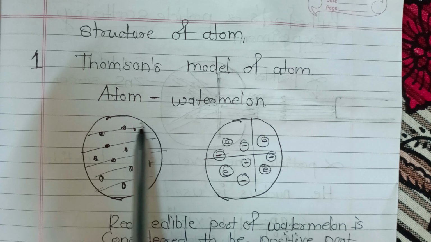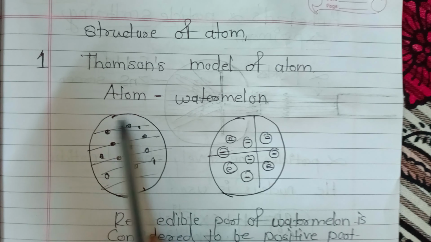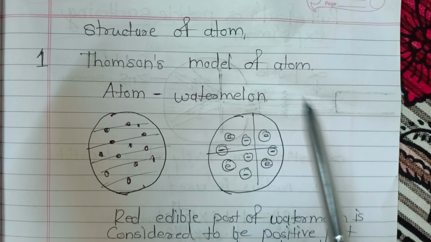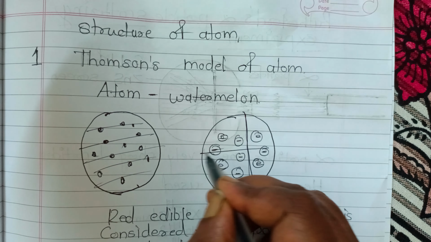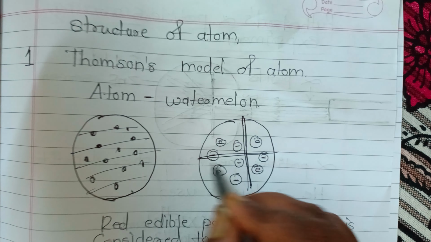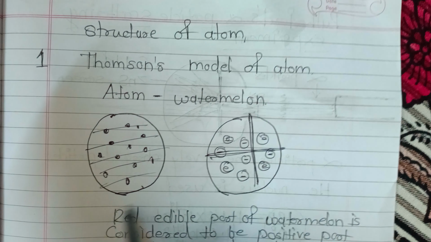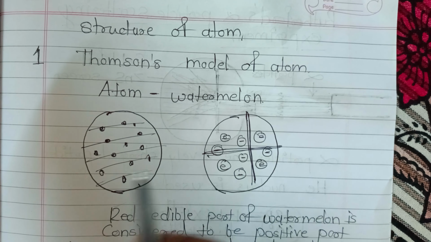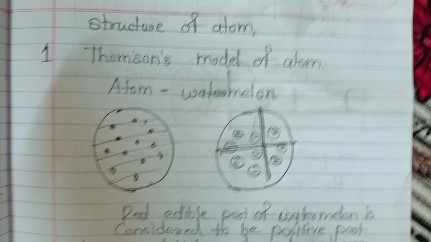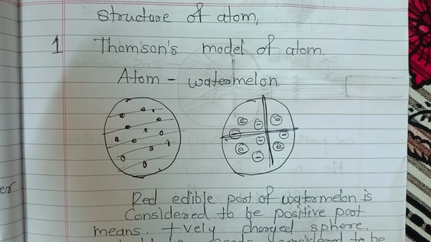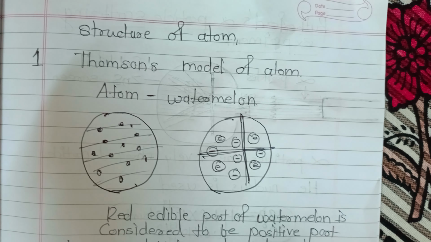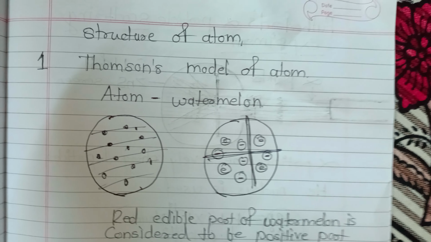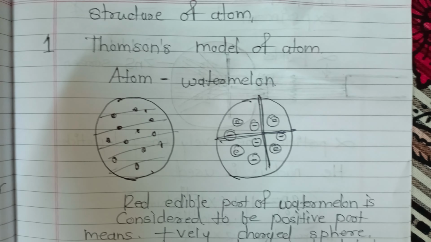What he said is that the edible part of this watermelon is positively charged. All the positively charged material is the edible part, and the seed-like structures are electrons embedded into it.